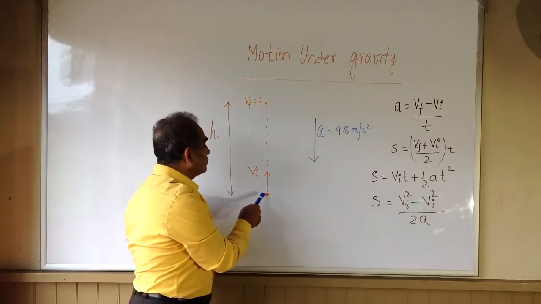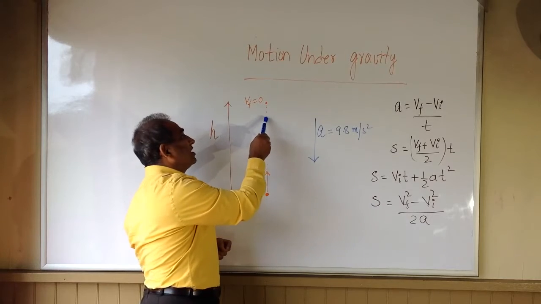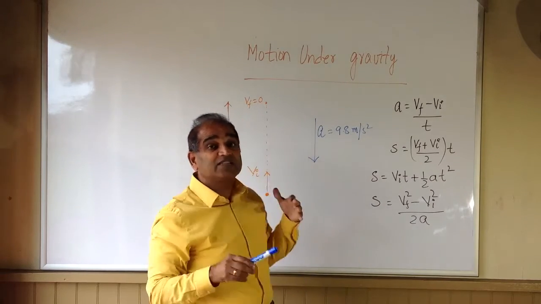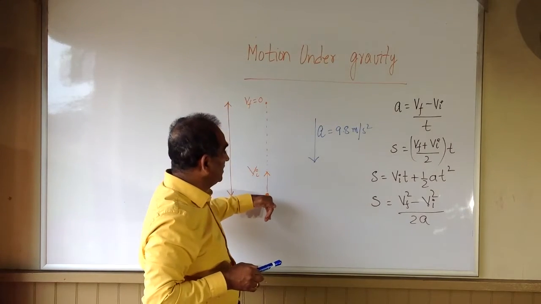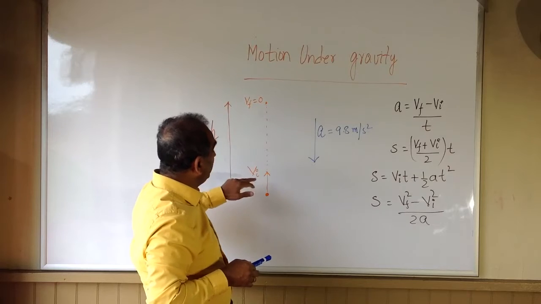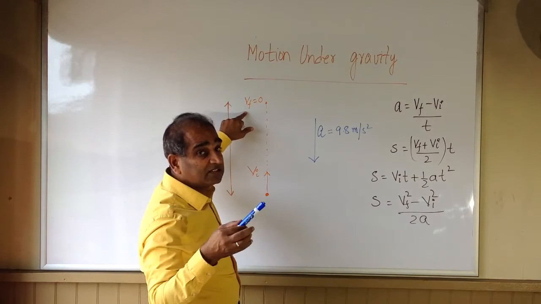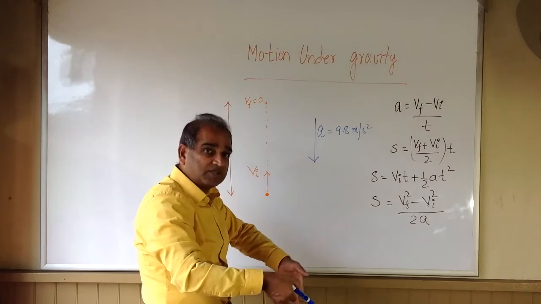So any particle thrown up with an initial velocity will rise up to a certain extent and go to a final point where the velocity becomes zero, and then it returns back. So if velocity is decreasing, it means the acceleration is opposite to that.